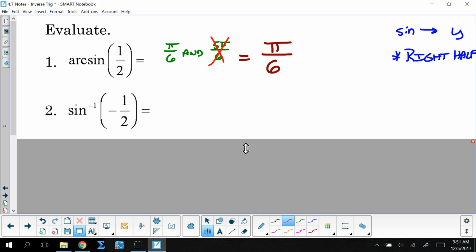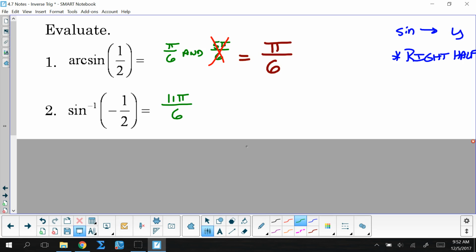Where is the inverse sine equal to negative 1/2? 11 pi over 6? Do we agree with 11 pi over 6? My only other option would be 7 pi over 6, right? But 7 pi over 6 is on the left half. I'm restricted to the right half of the circle, right?